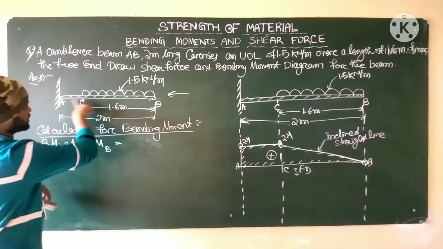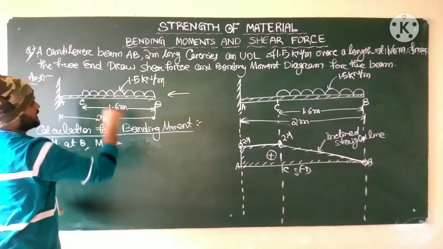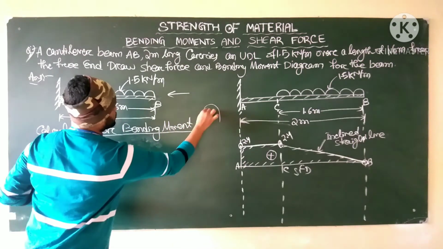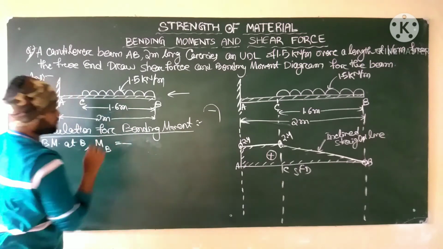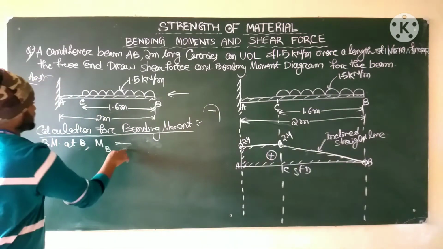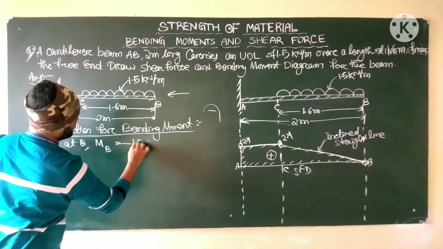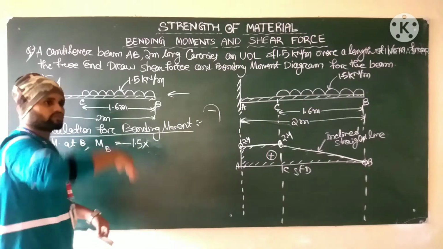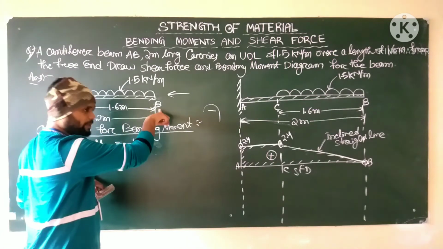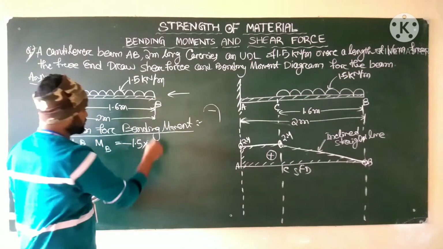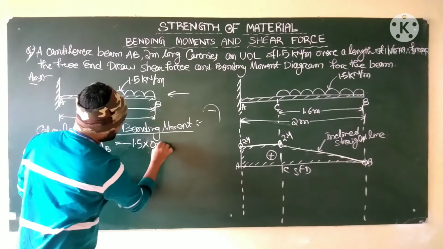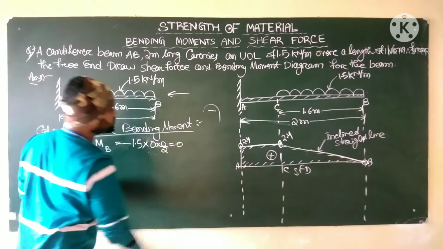Here we will see, due to the UDL, the beam bends like this. Some negative sign is there, minus hogging moment, minus load is how much? 1.5 into distance by 2. We are calculating at B. The load is starting point. So starting point means 0 into 0 by 2 is equal to 0.